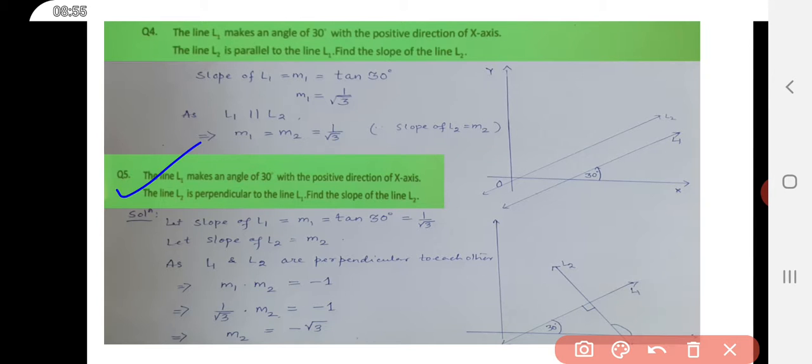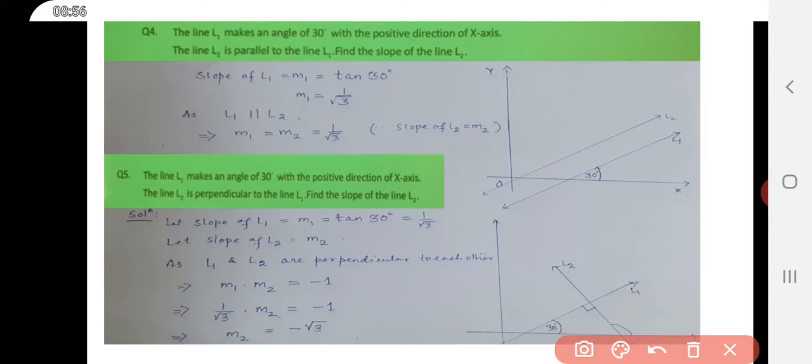Now come to the second question. The line L1 makes an angle 30 degree with the positive direction of x-axis.